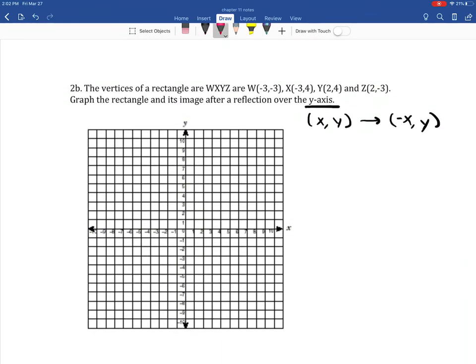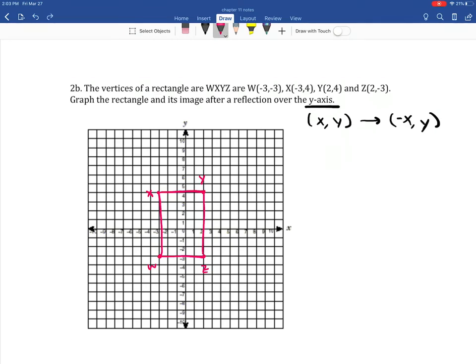So let's graph the first one. (-3, -3), (-3, 4), (2, 4), and (2, -3). So I have my rectangle.